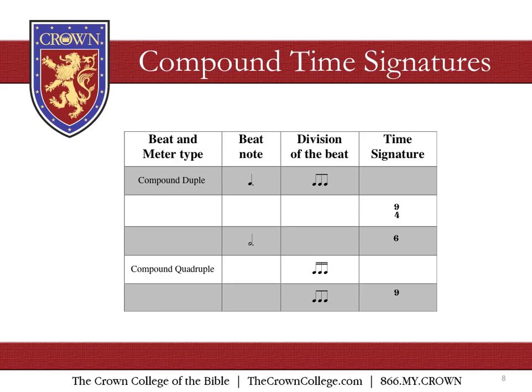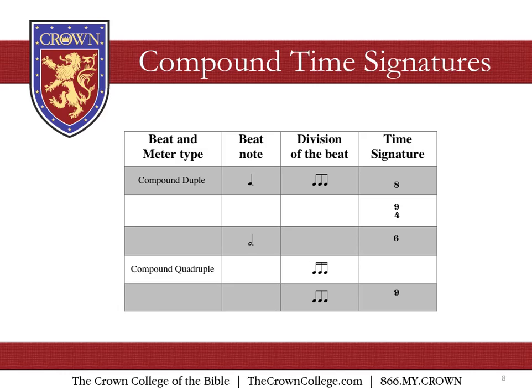Now, we cannot represent our beat note numerically on the bottom of our time signature. It would be wrong for us to put 2 over 4.5. We would not do that. So in order to have a number on the bottom of our time signature, we must use the division of the beat.